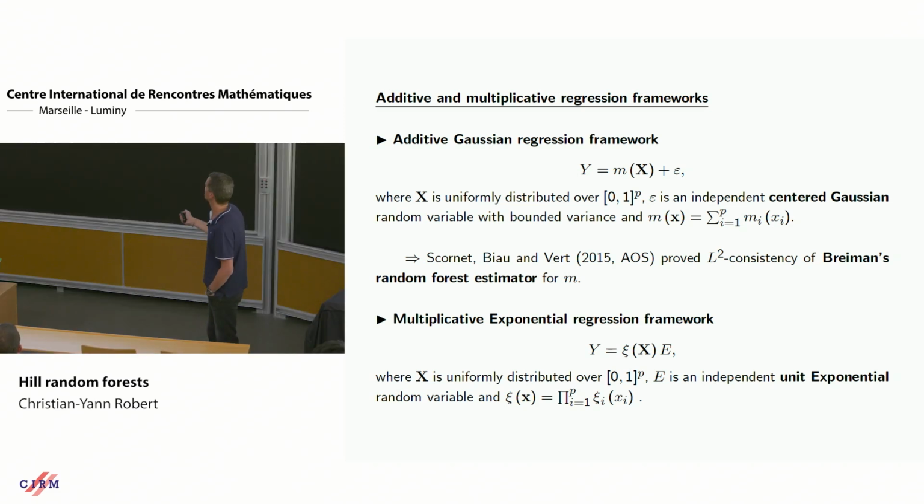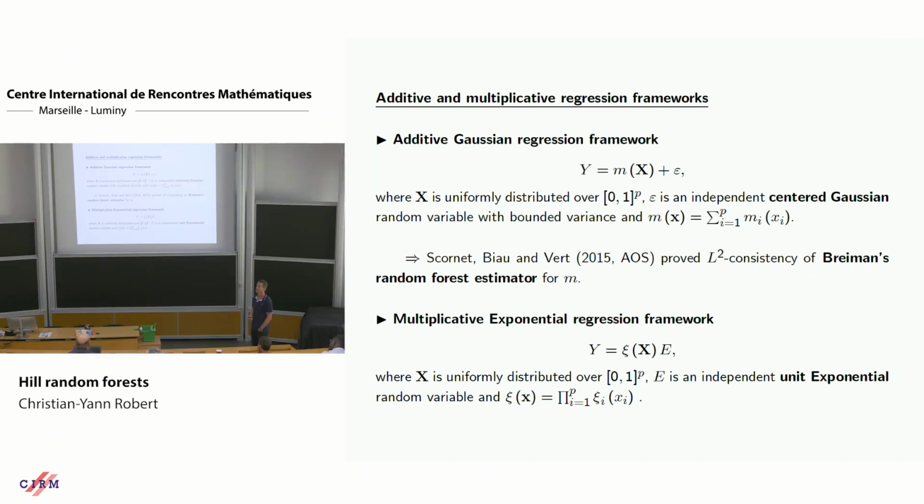So the conditional expectation is still equal to xi of x. But now you have a random variable which is necessarily positive, and moreover, the function xi must also be positive. So if you use the quadratic loss, you won't be able to have this property. So you have to choose another loss function.